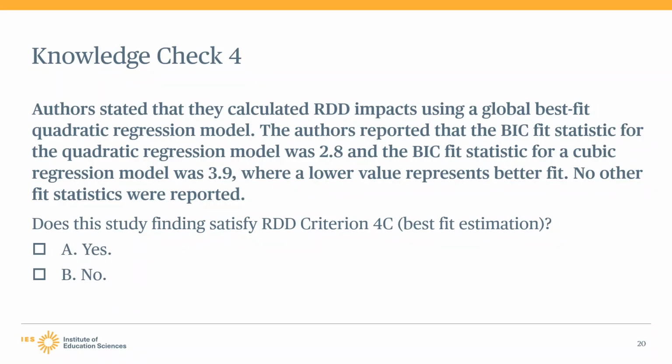No other fit statistics are reported. Does this study finding satisfy RDD criterion 4C, best fit estimation? Your choices are A, yes, or B, no. You may want to pause the video now to think about your answer.